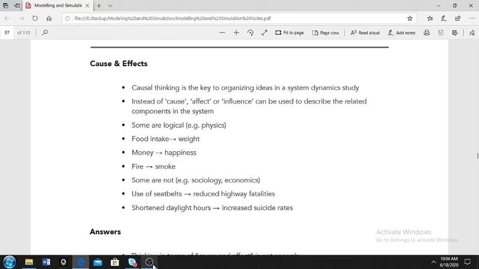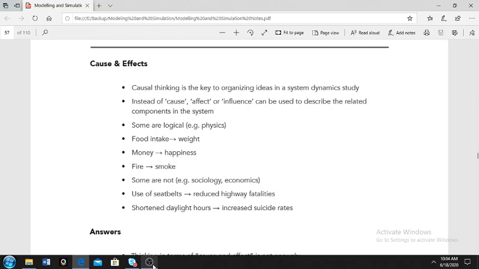Once you have the stock and flow diagram, you can model it and simulate it in any logic. Now, cause and effect is what you already know. There is nothing special there.